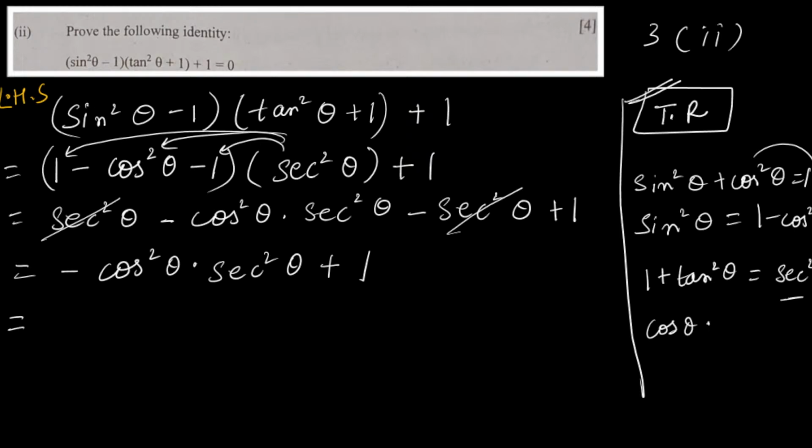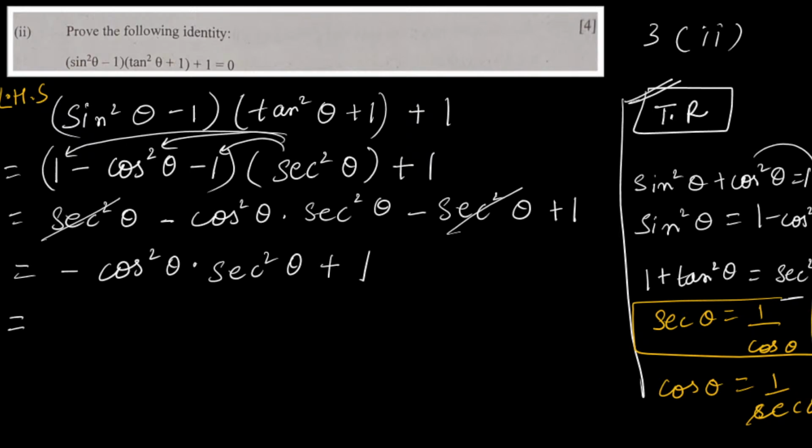So secant θ is equal to 1 by cos θ, or cos θ is equal to 1 by secant θ. Any one you can change. Don't change both. So let's change.